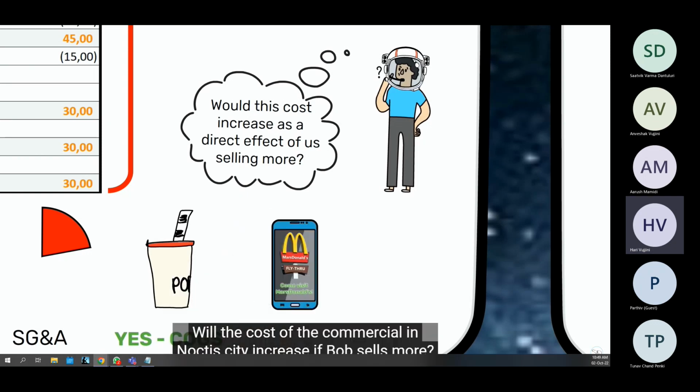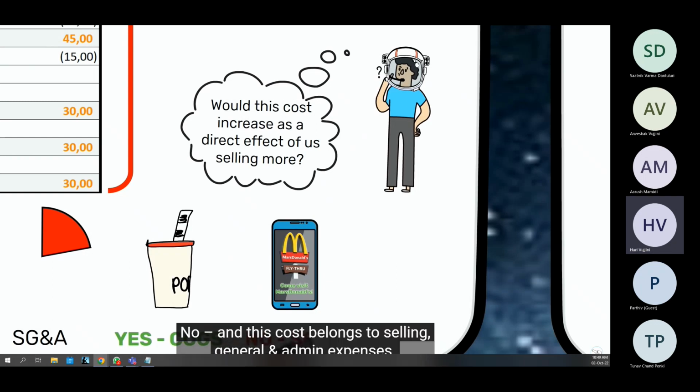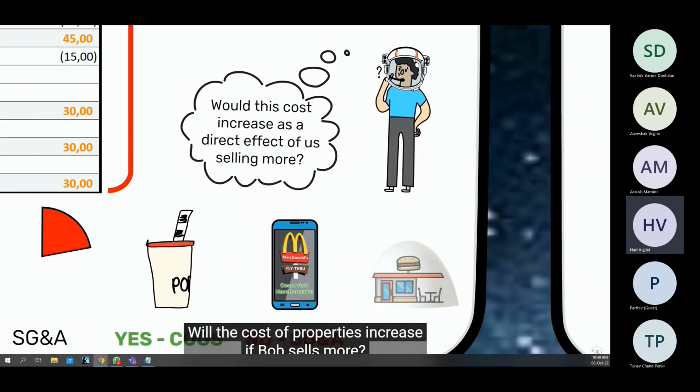Will the cost of the commercial in Noctis City increase if Bob sells more? No. And this cost belongs to selling, general, and admin expenses. Will the cost of properties increase if Bob sells more? Well, kind of. But it takes a ton of sales to outgrow a whole restaurant.